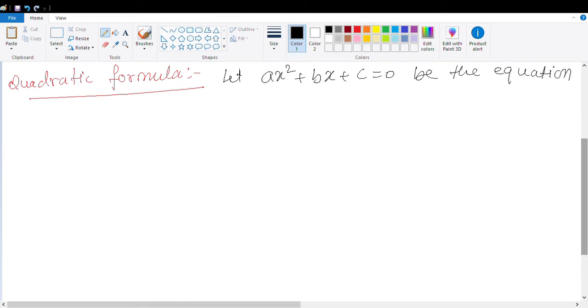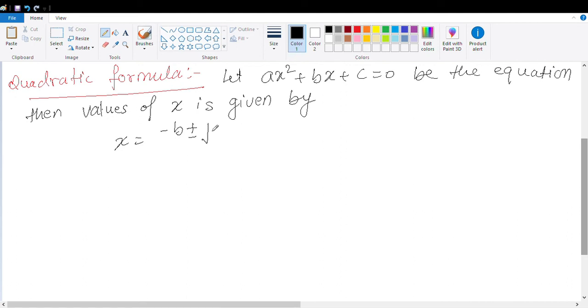Then the values of x are given by x is equal to minus b plus minus under root b square minus 4ac divided by 2a. Here you can see I have written plus minus. It means there will be two values, one value with the plus and one value with the minus.